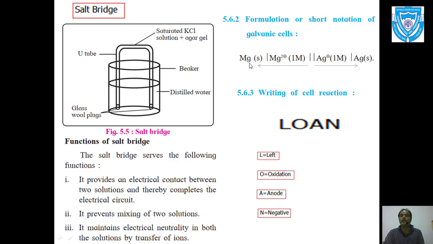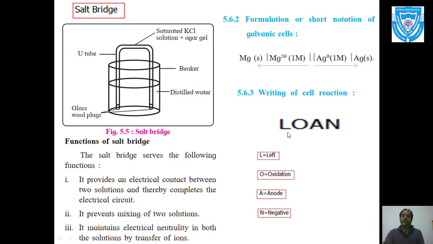If we know the left hand side reaction and its notation, then opposite to that is the right hand side. That means the right hand side electrode is a cathode, a reduction reaction takes place on it, and it is positive. So it is a very simple technique. LOAN, it is a very nice trick.